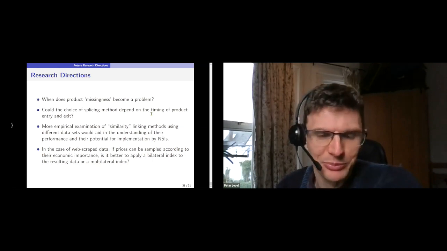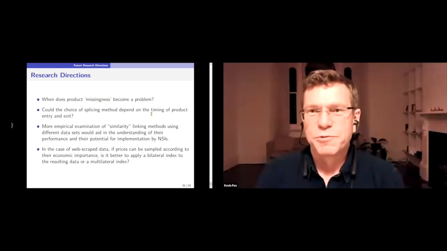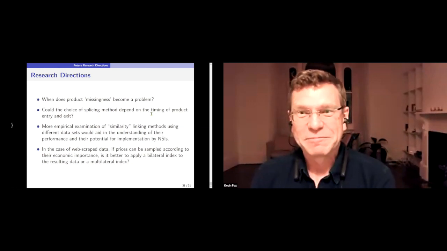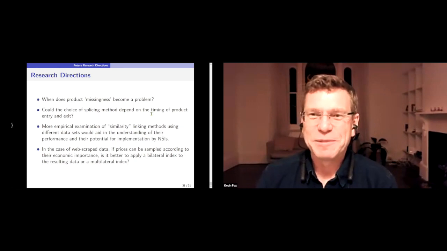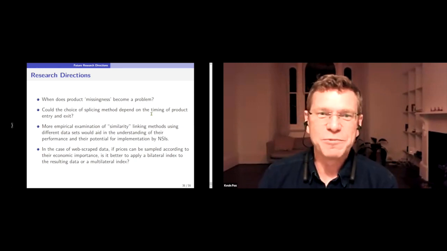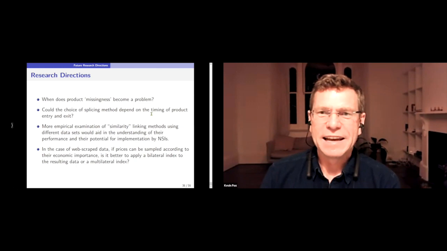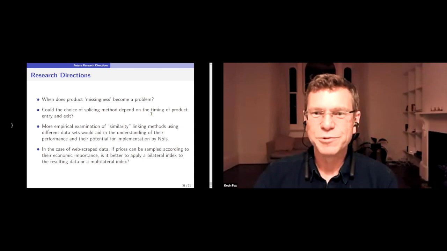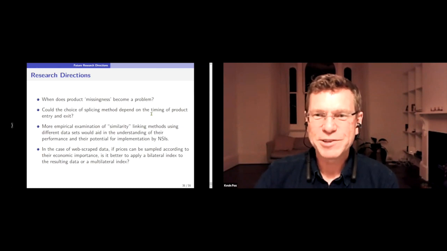A very good question, and Jan de Haan and I are going to be looking at this issue about missingness and when you need to take action and what you could possibly do. So currently what agencies seem to do is just ignore the missingness and say they're using CCDI and they're doing a monthly index. In each comparison, you're just doing matching with each bilateral comparison within your GEKS framework.